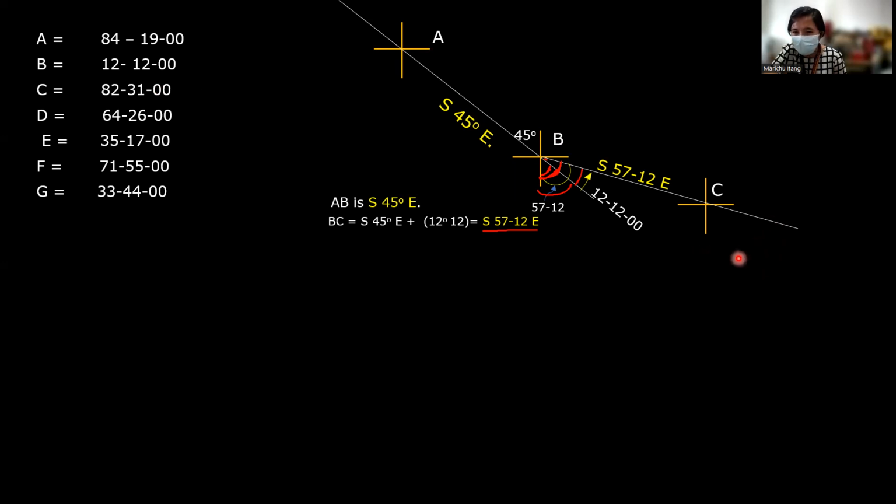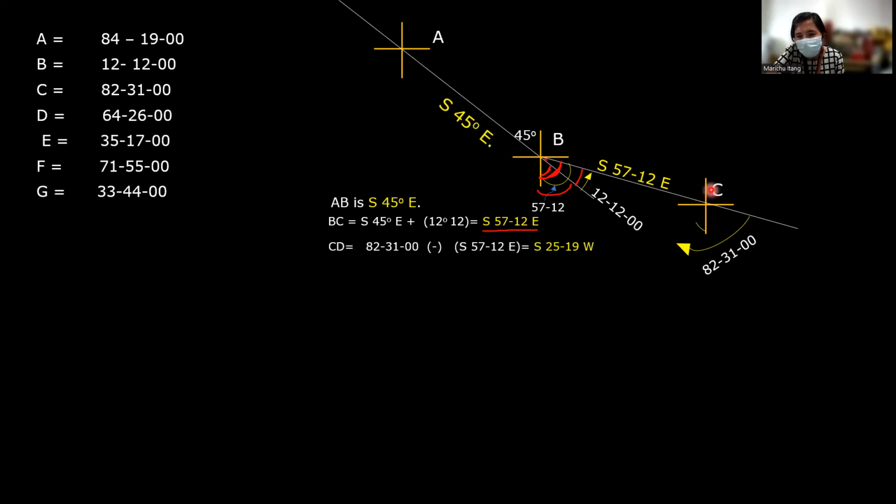So yun na yung location ng point D. This is 57, 12. So we measure 82, somewhere here, nandito siya. So this is 82.31. Therefore, since ito ay 57, this is also 57. So if this is 57.12, therefore this is also 57.12.